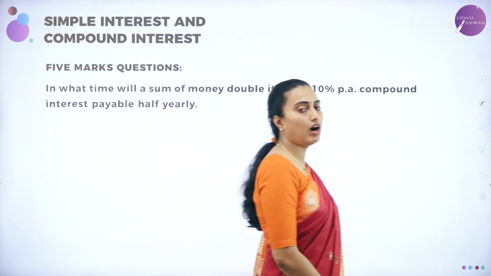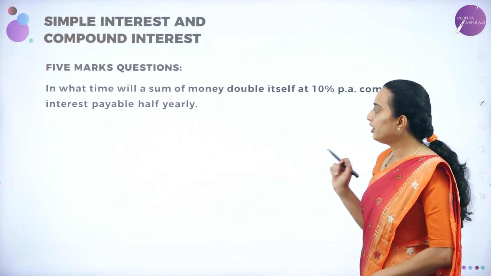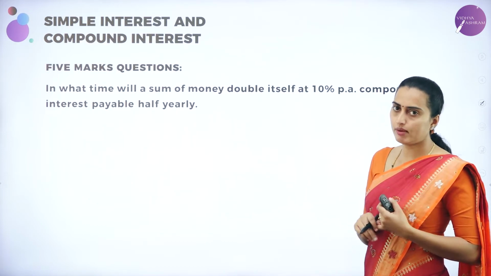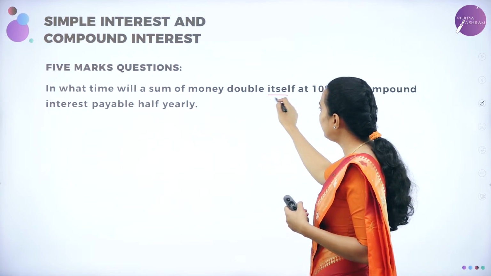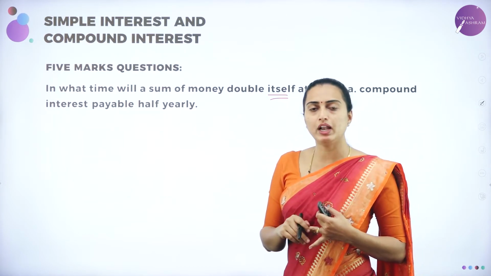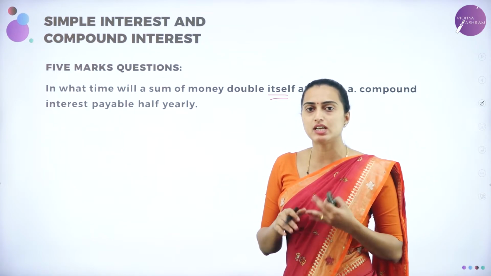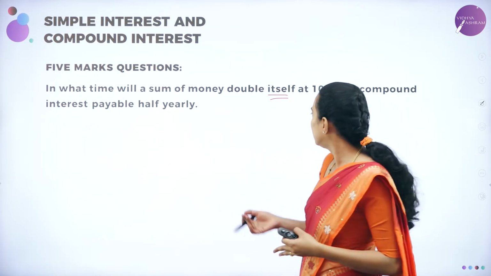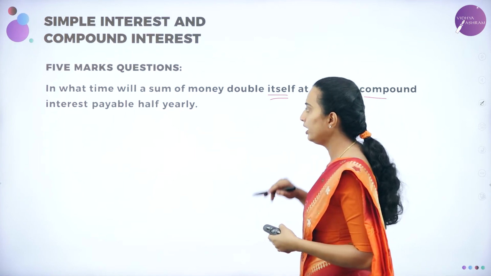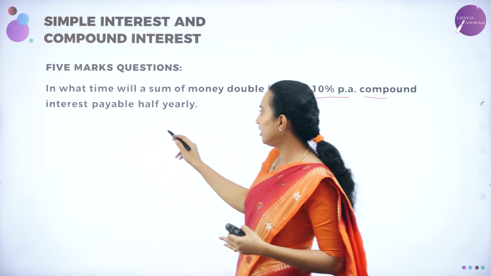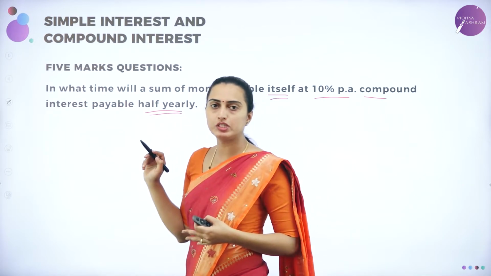The next question they have asked is: in what time will a sum of money, that is the A value, double itself? If the principal I am going to take as X, double of that is 2X. At 10% per annum, with compound interest payable half yearly. Half yearly means Q is equal to 2.